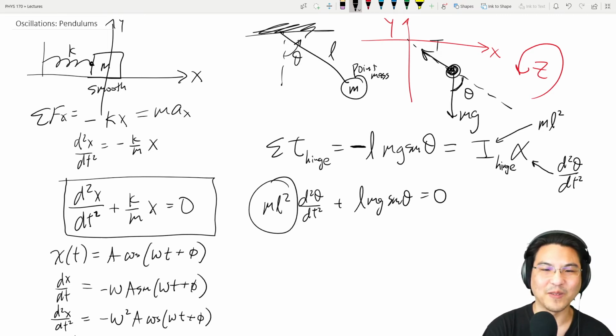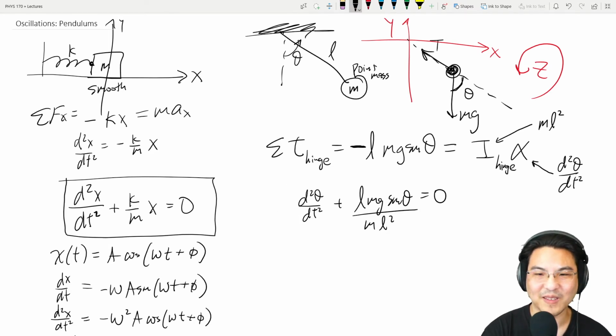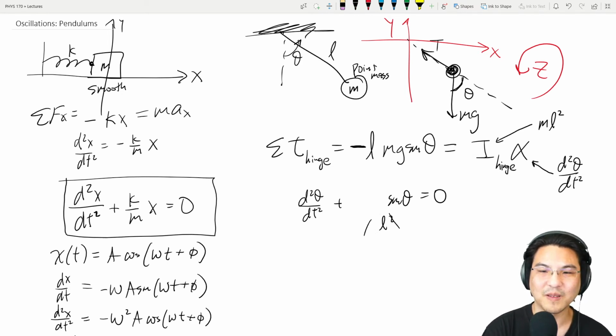Okay, why don't I just divide everything by ml squared? Okay, so this is gone. And let's see, some things cancel over here, right? ml over L. Mass, oops. Okay, I'll just rewrite it. Okay, there we go.